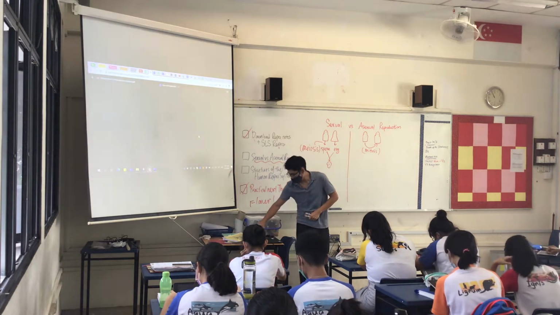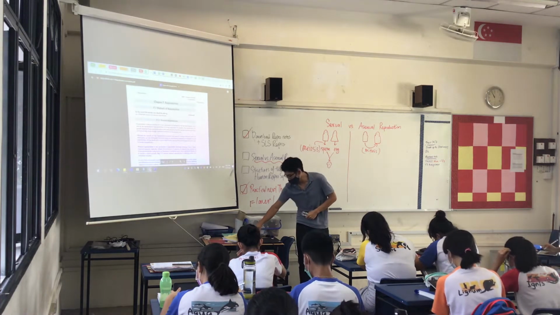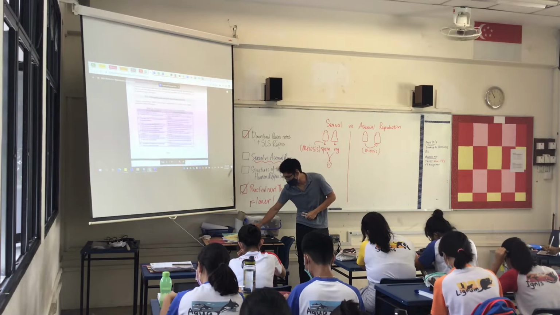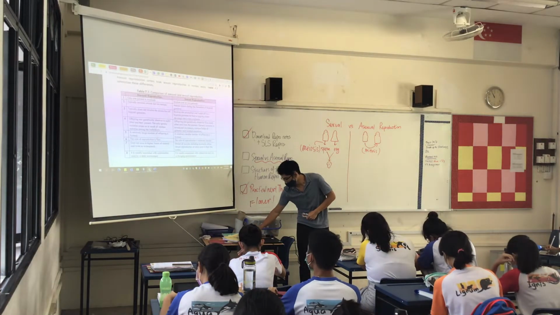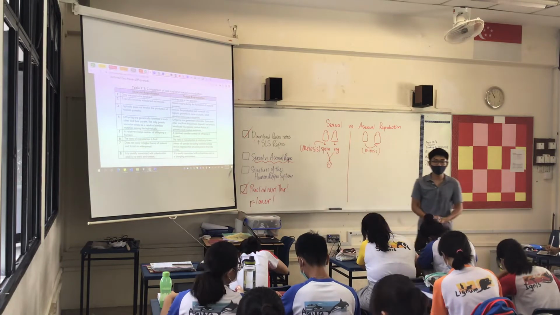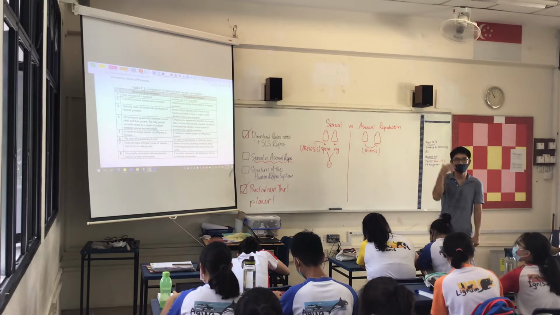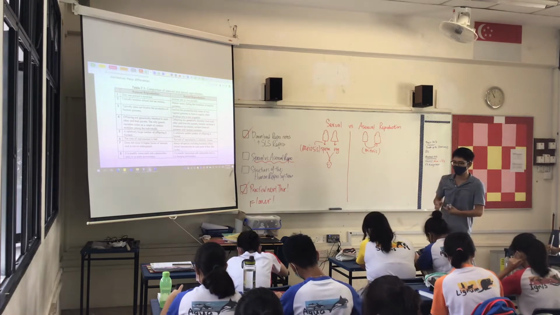So I will not dwell too much on the comparison because this is something that has already been organized quite neatly for you. Sexual and asexual reproduction, a comparison is what is required for this segment of the learning.